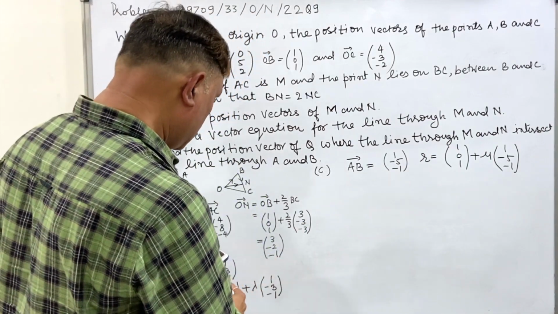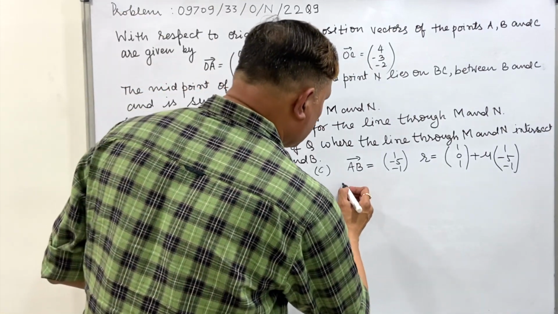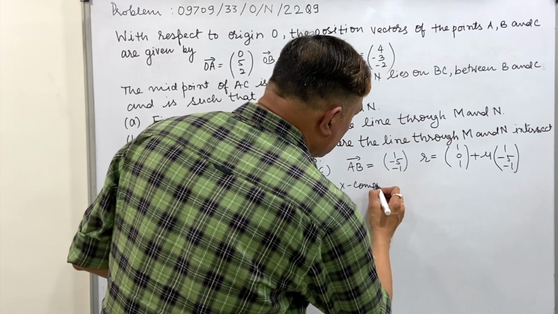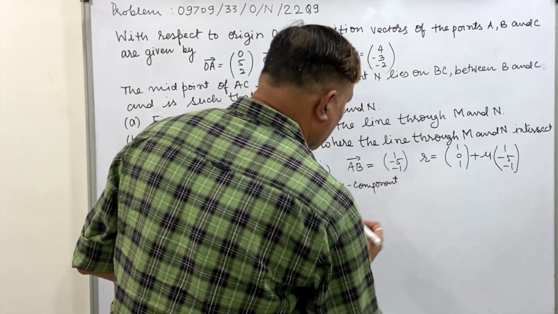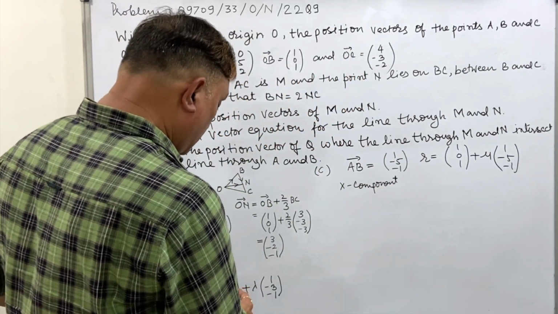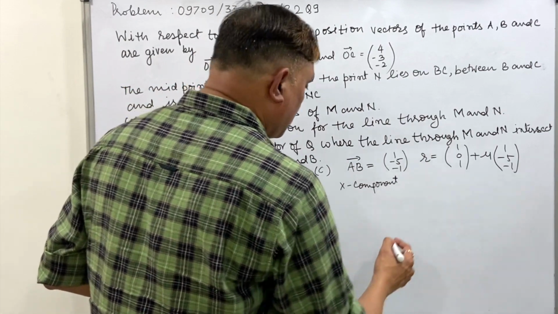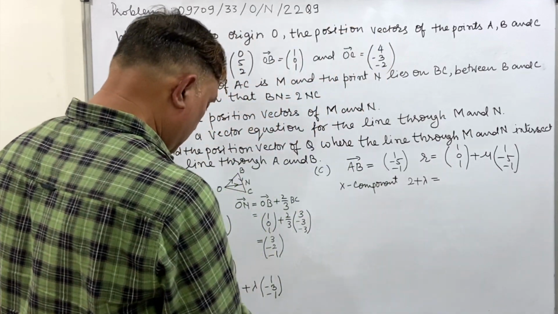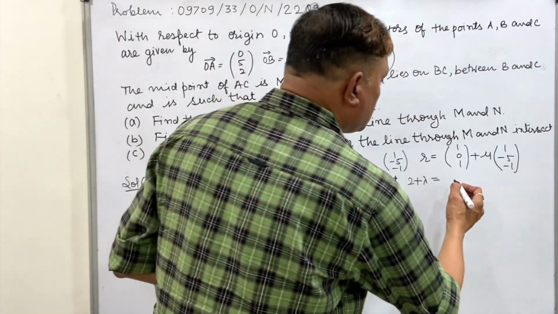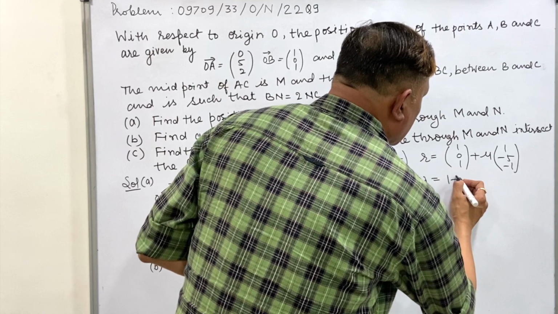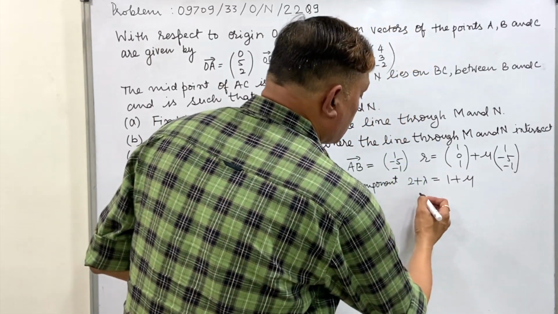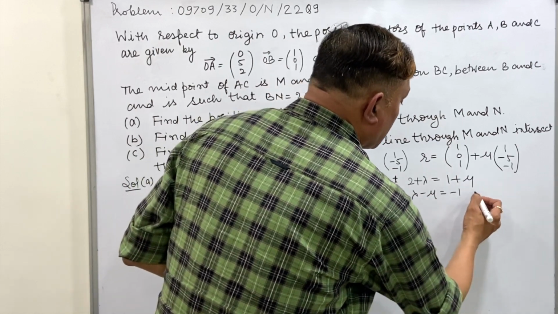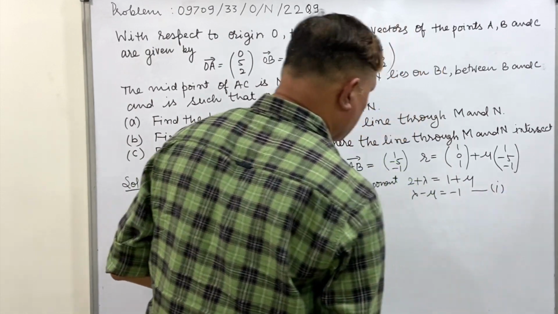So here x component: 2 plus lambda equals 1 plus mu. So here lambda minus mu equals -1, equation number 1.